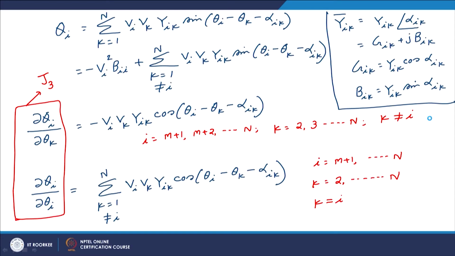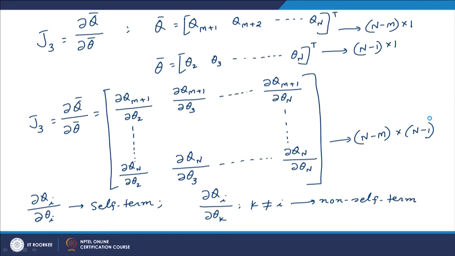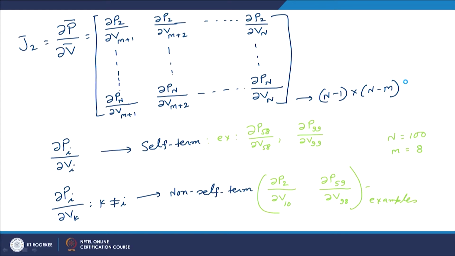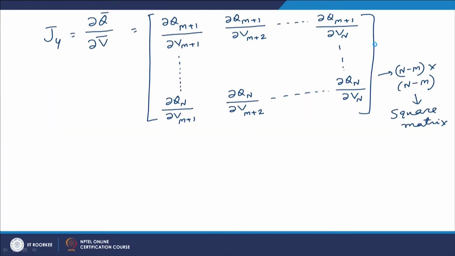The last two were, I must say, rectangular matrices. J2 is also a rectangular matrix. Okay. So, J4 is a square matrix.